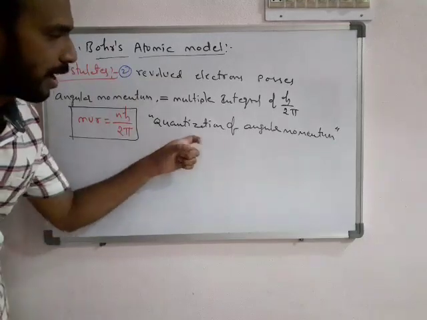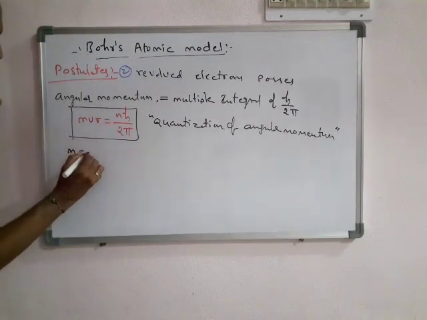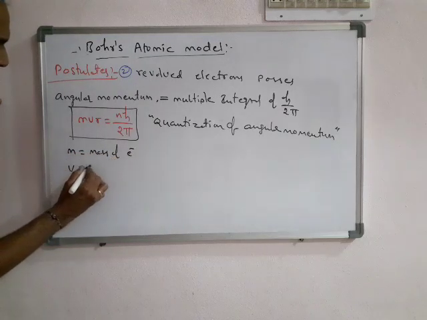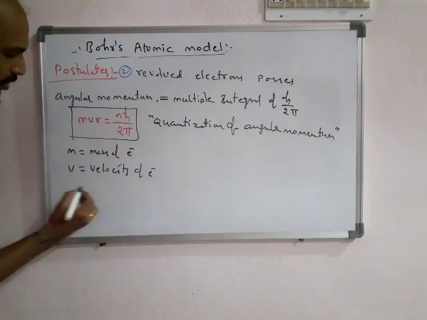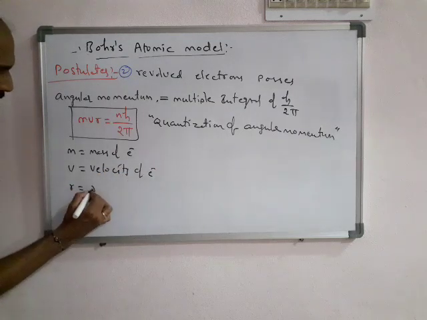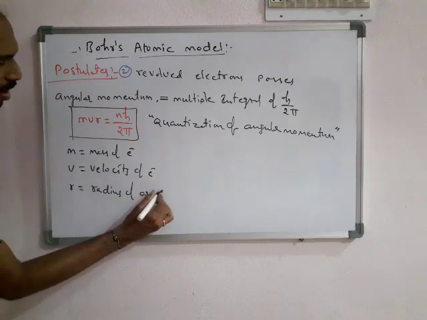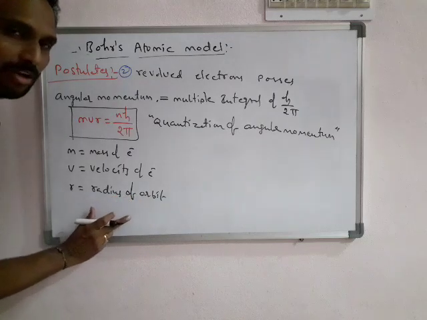That is called quantization of angular momentum. Here, very important: m is the mass of the electron, v is the velocity of the electron, and r is the radius of the orbit in which the electron is revolving.